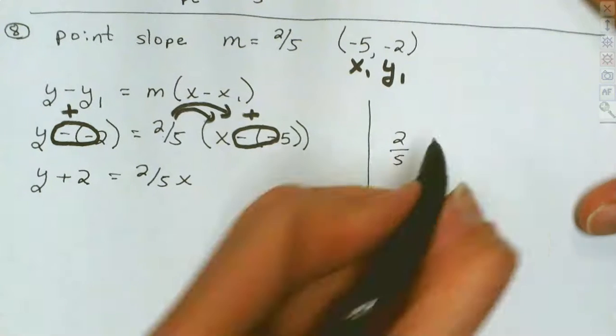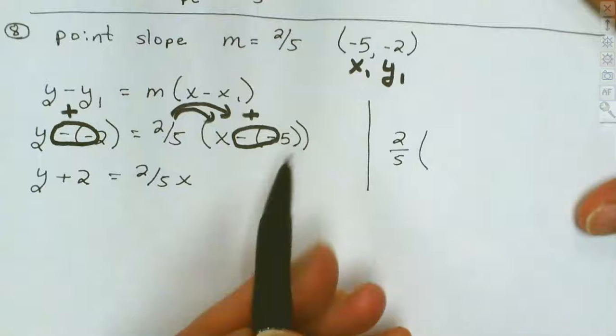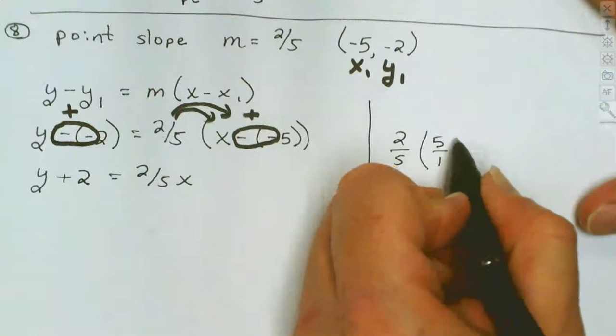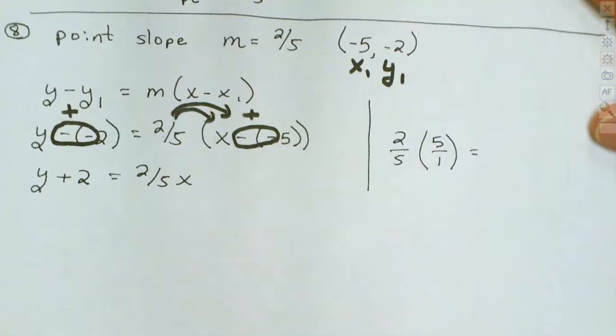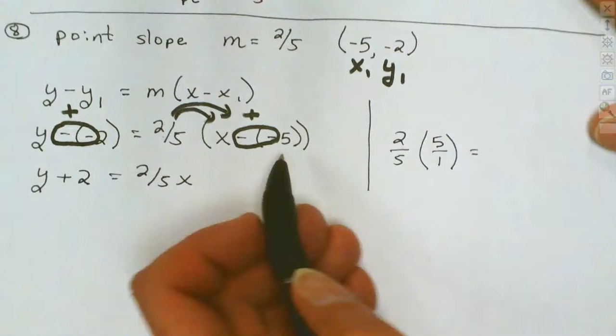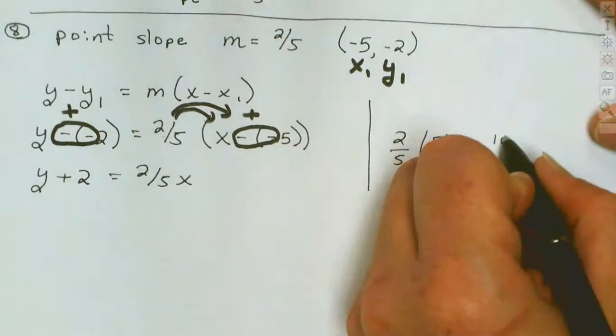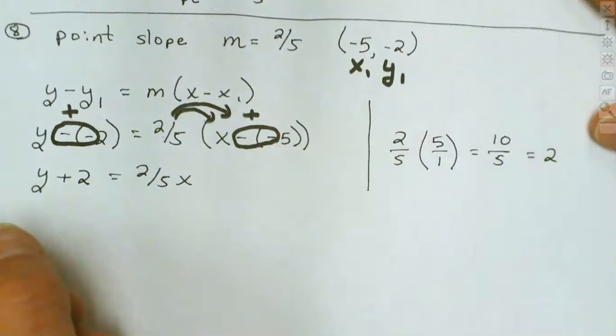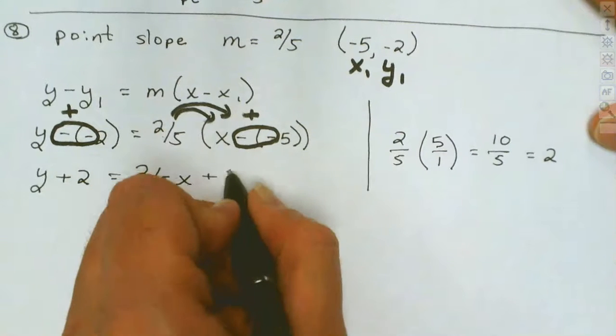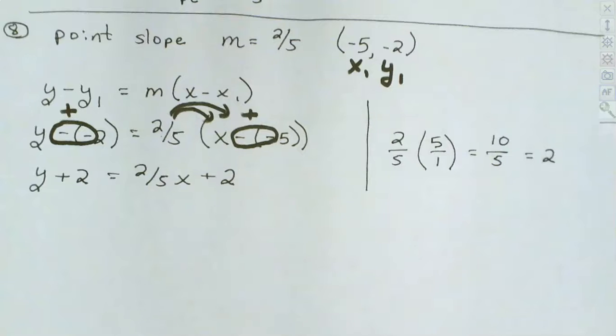So we've got 2/5 times that 5 over 1. You can either cross cancel here or just multiply across and reduce. So that's 10 over 5, and that reduces down to a 2. Just to make it easier, that way we've got one less fraction to work with. Now again, we want this one in slope-intercept form.